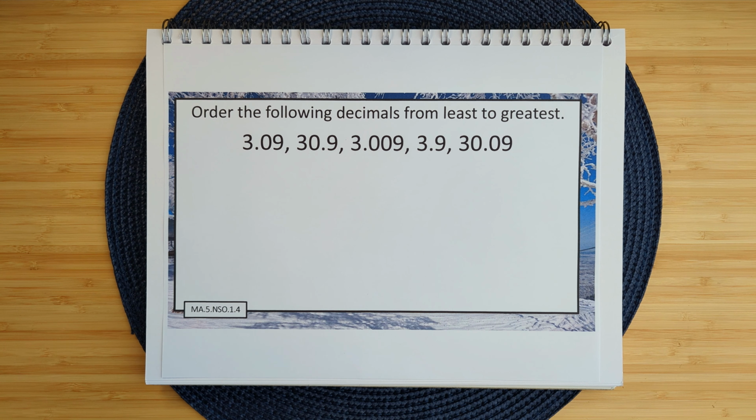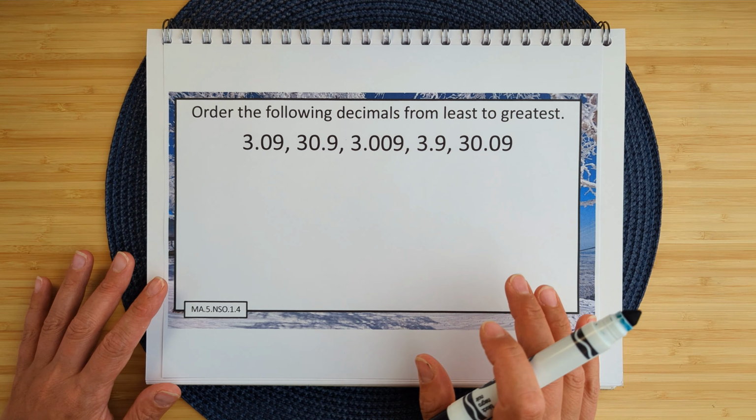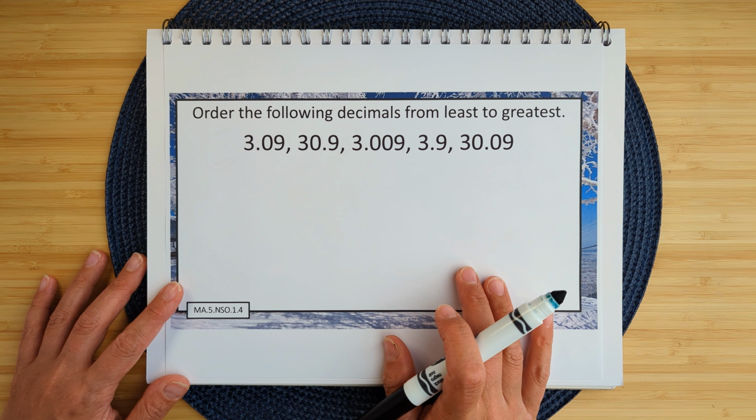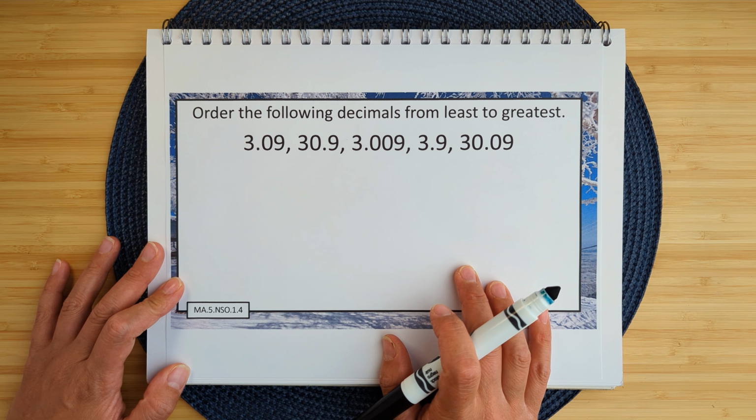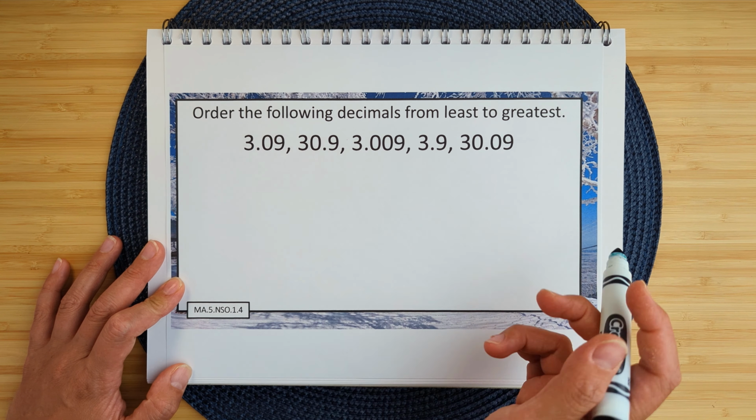All right, question number 4. Order the following decimals from least to greatest. All right, I like to rewrite my decimals when I'm ordering them or comparing them in fractional form because it helps me understand their value as I compare them.